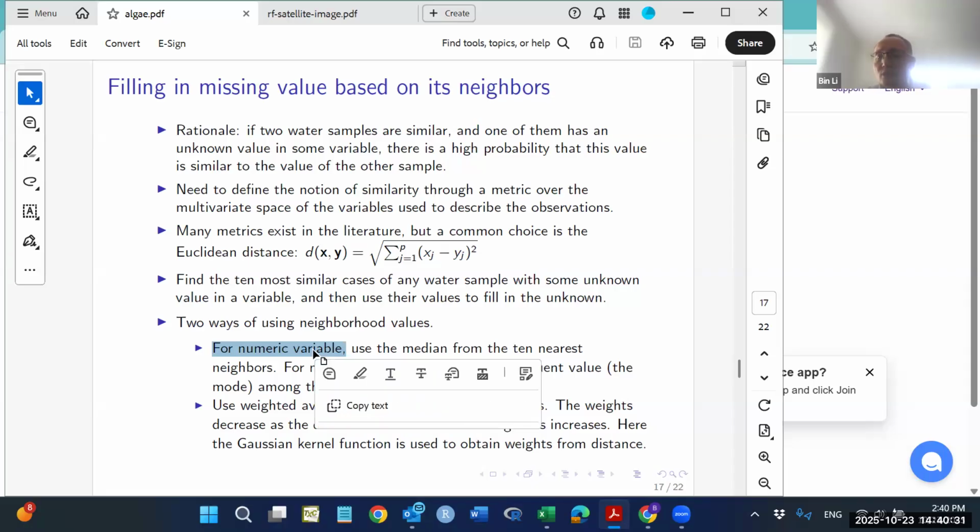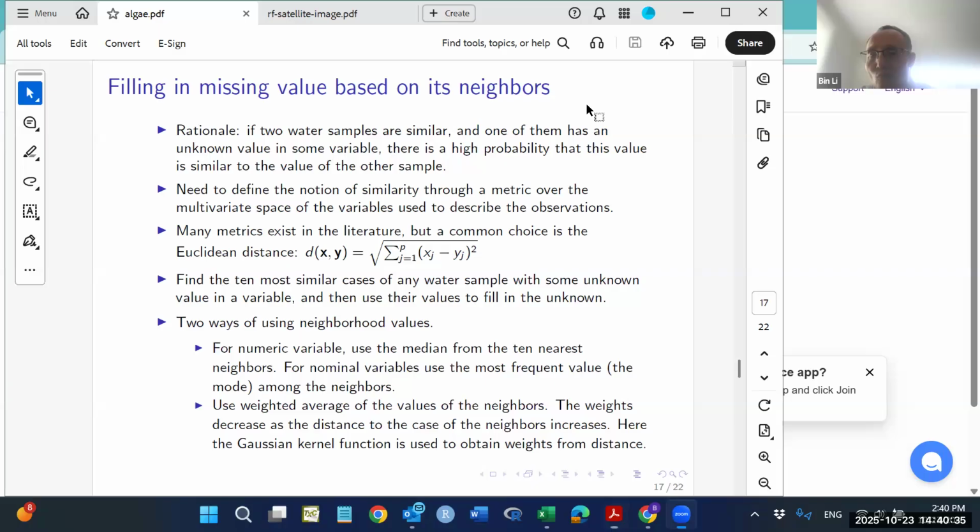After we find those neighbors, let's say one sample has some missing values, but we find its 5 neighbors that are very close to this observation. This observation has a missing value on one of the variables. Then I can use these 5 neighbors' information to impute this missing value.